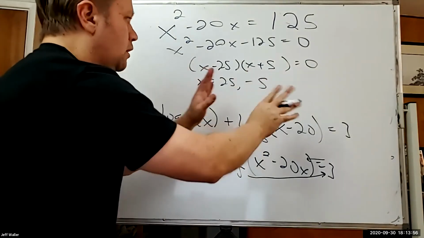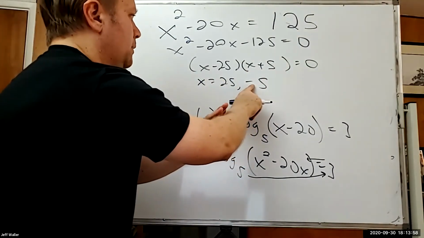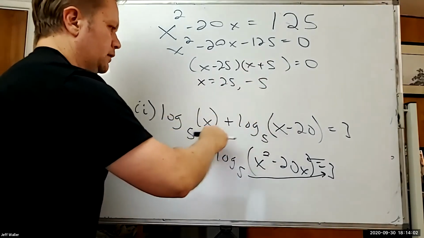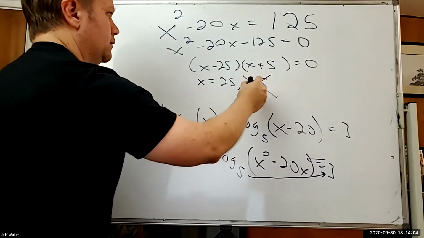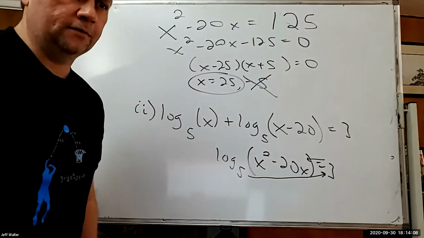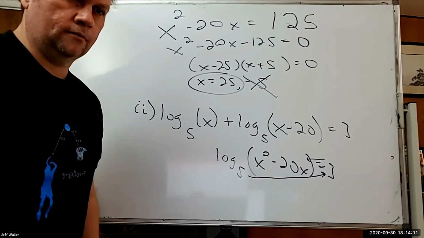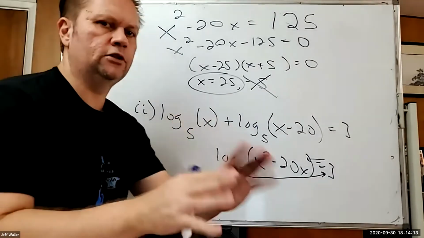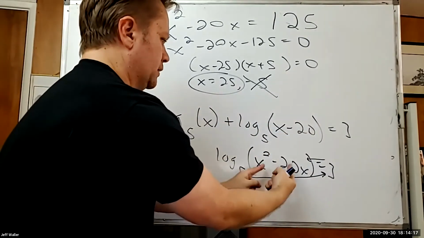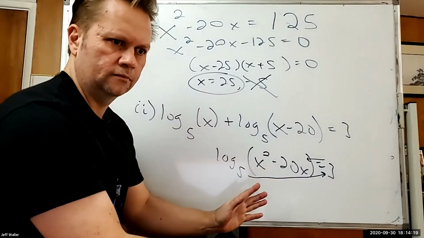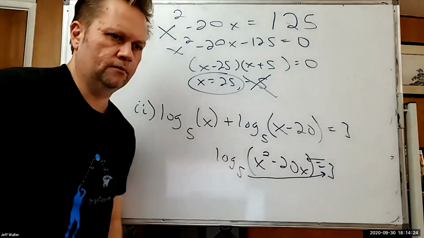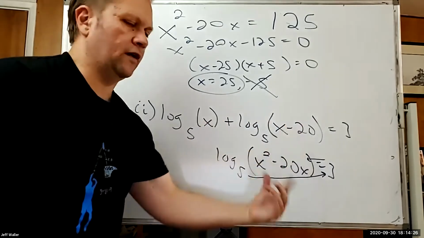Don't just automatically throw out negative numbers, because there might be something inside that makes it positive. But when I put that in, these are obviously both negative, so that's not the answer. That must be the answer because it leaves them both positive. So why did math do that to us? If this and this are negative, when I multiply them, doesn't it become a positive number? That's why math had an answer to this, because we lost information about the fact that they could both be negative.